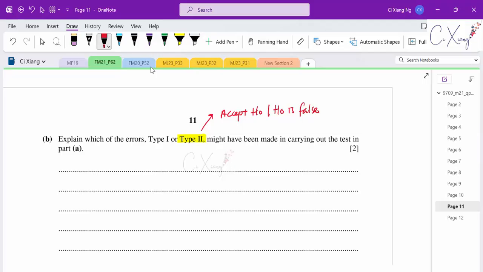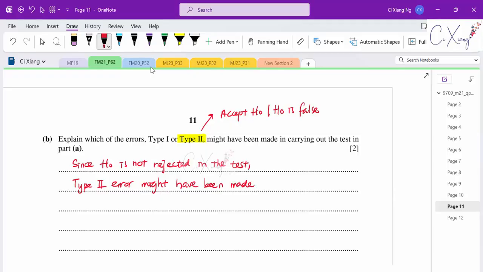So what you can do is, I'm writing it like this. Since the null hypothesis is not rejected in the test, from here I know that the type 2 error may be made. Because what's the definition for the type 2 error?